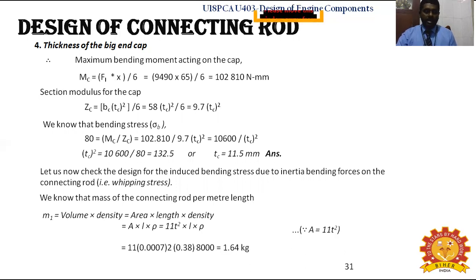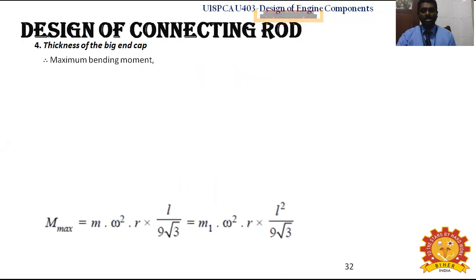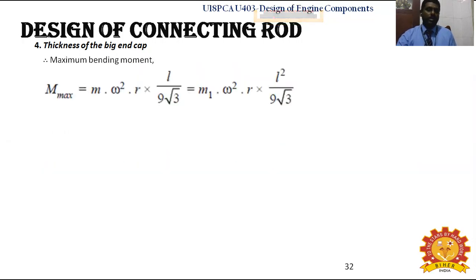And by making a calculation, we are getting the mass of the connecting rod as 1.64 kg, because the density is given in the question as 8,000 kilogram per meter cube. So that's what you are substituting and you are identifying the mass. Now for the maximum bending moment, you will be using the formula Mmax equal to M omega square R into L by 9 root 3.